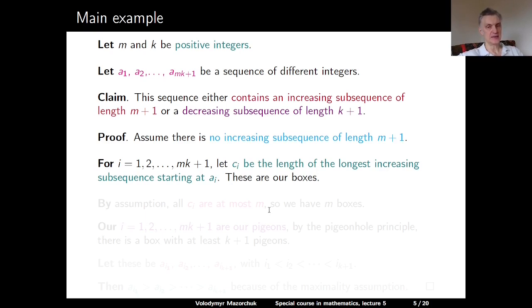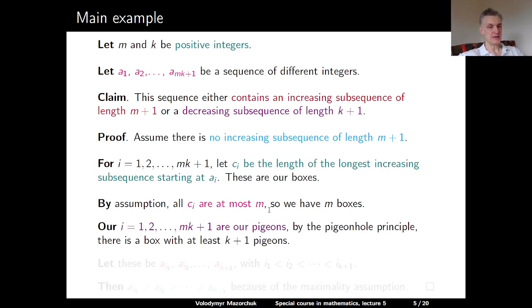So these lengths will be our boxes. So by assumption, we have at most m boxes, so our lengths are the values between 1 and m. So we have m boxes, and we have mk plus 1 pigeons. So our i's between 1 and mk plus 1 are our pigeons.